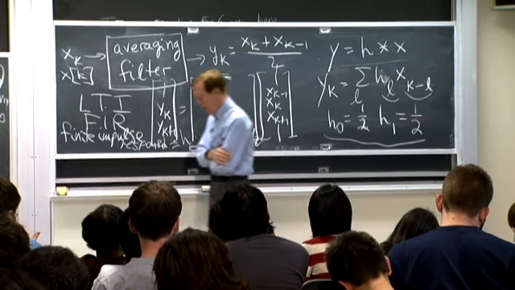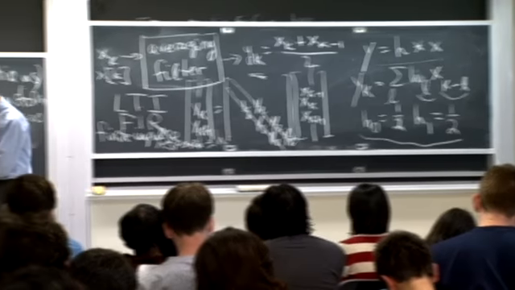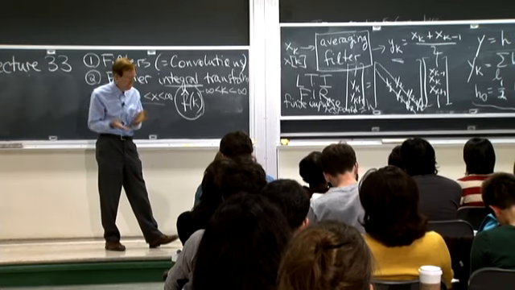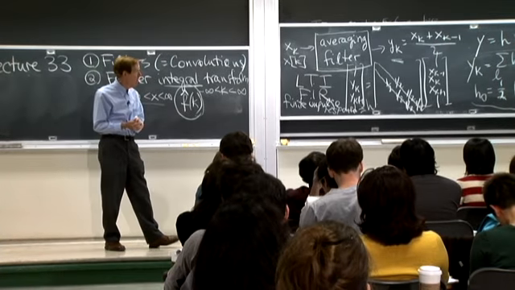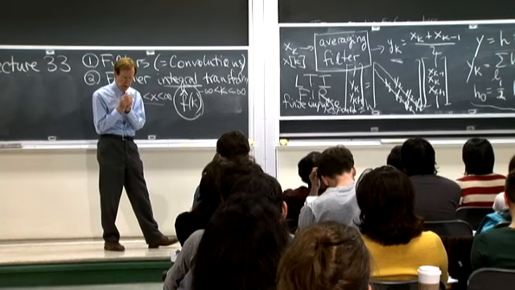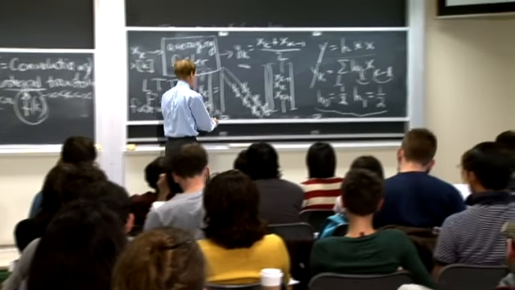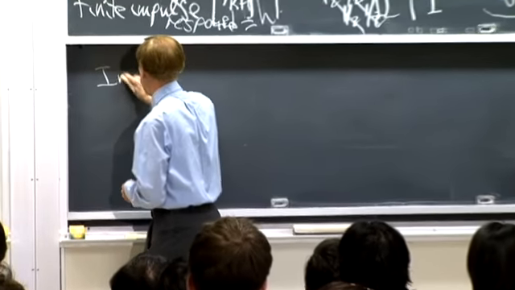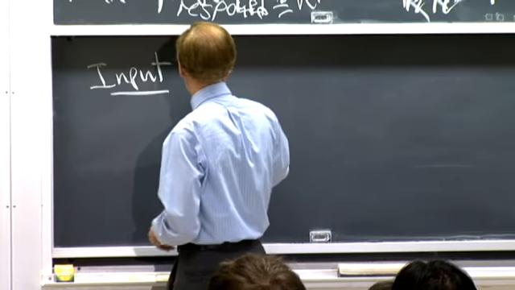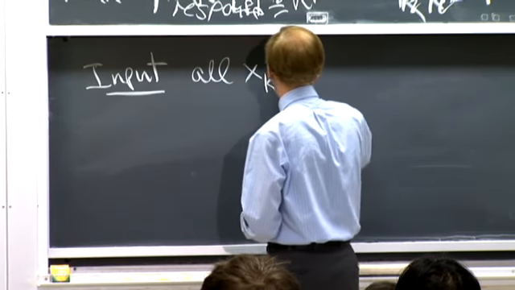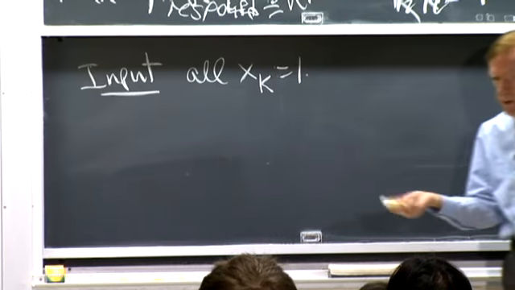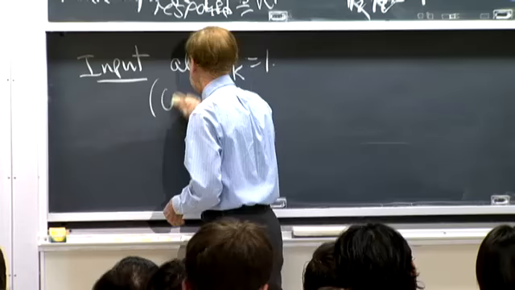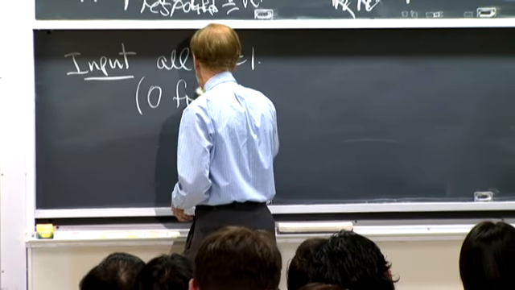Now for the question. What is this filter doing to the signal? It's certainly averaging. That's clear. But we want to be more precise. Well, let me take some examples. Suppose the input is all 1s. All xk are 1. So a constant input, a natural thing to test. That's zero frequency.